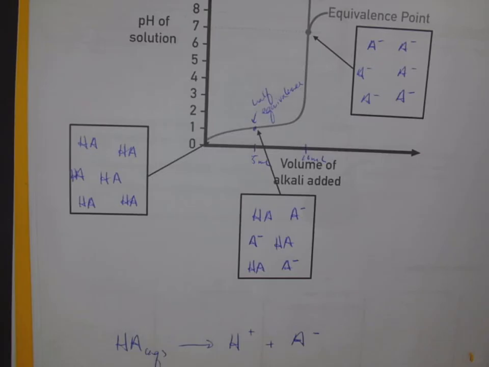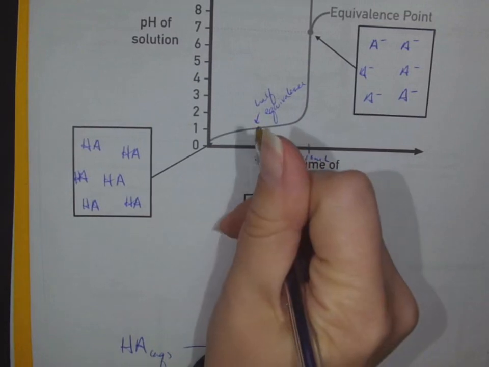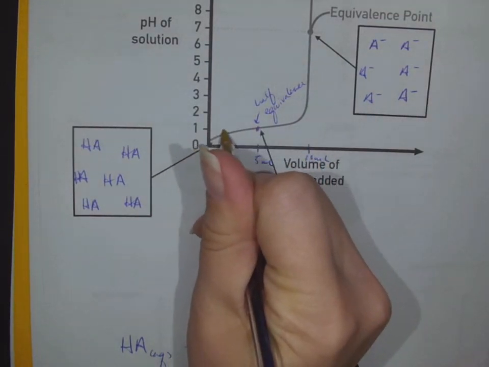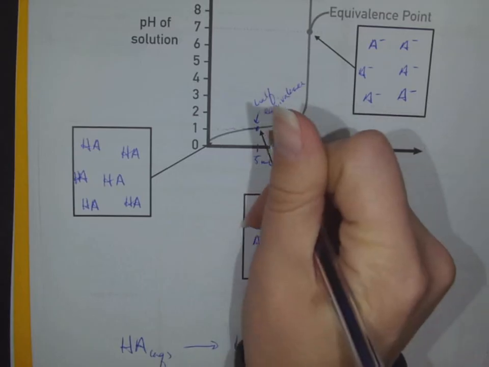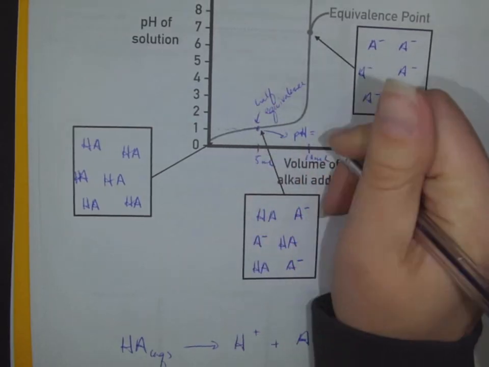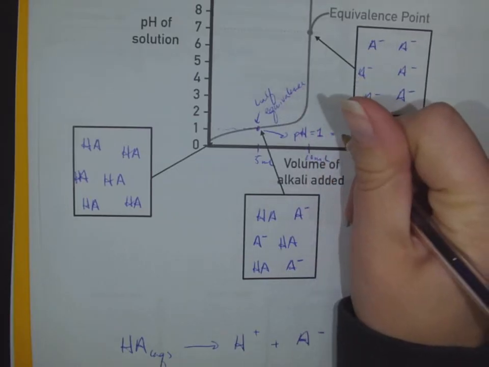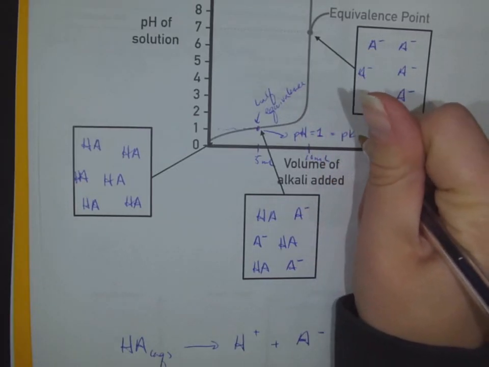And the reason this location is really helpful is because the pH at this point, in this scenario 1, is equal to the pKa.